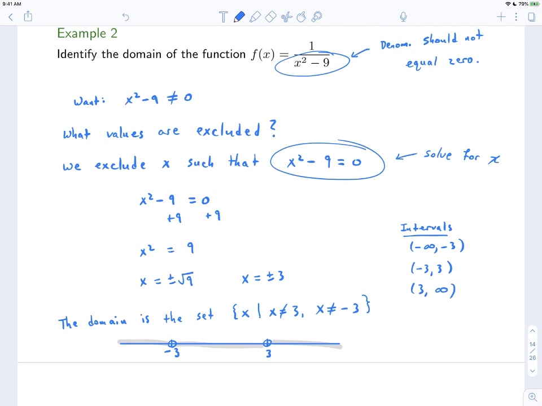Now, there is a shorthand way of writing this using what we call a union symbol. So we write it like this: minus infinity to minus 3, and then you put what looks like a U for union, minus 3 to 3, and then a union symbol, 3 to infinity.